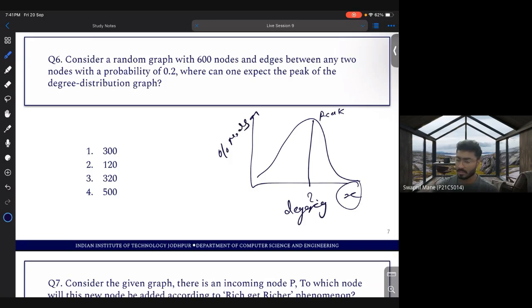So we need to find out which degree has the higher number of nodes. Okay. So for that, let's consider a single node from these 600 nodes, right? So we have considered one node, right?